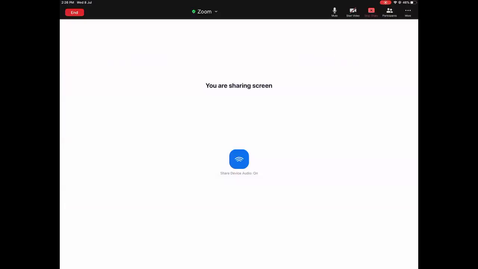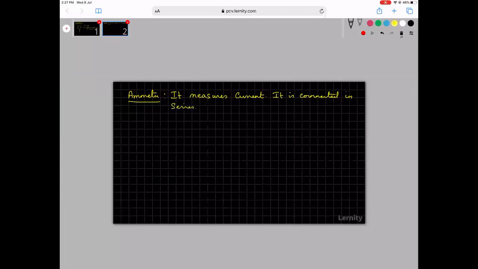Suppose this is a resistor connected to a battery source and you want to find out the current through it. You take the resistor and connect an ammeter to it. Because it measures current through a circuit, it is always connected in series.